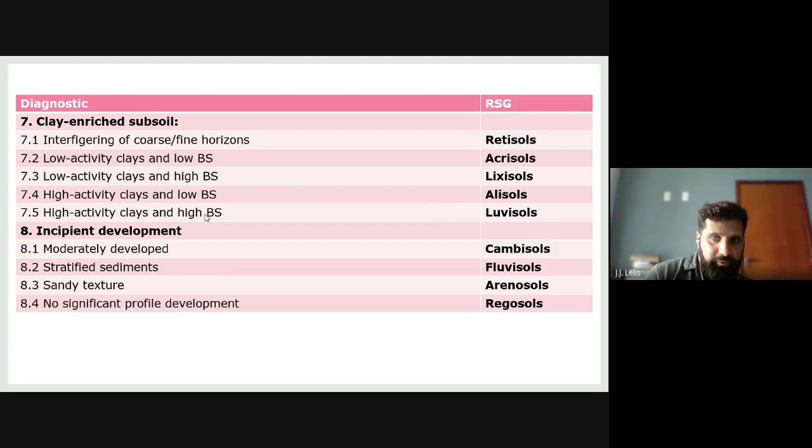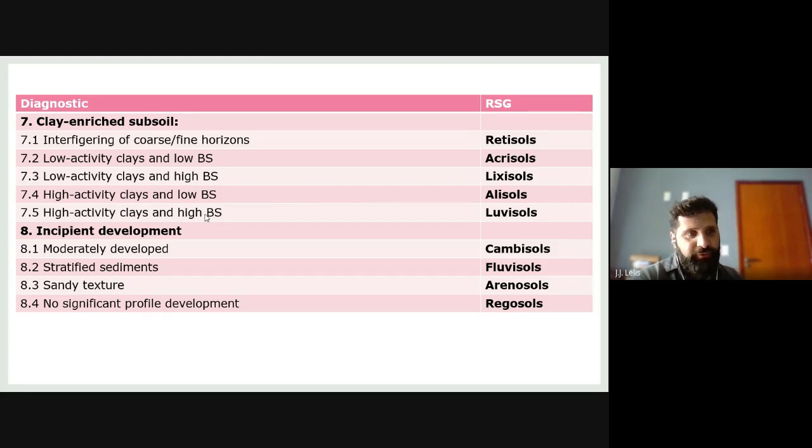So the Luvisols are those soils that possess an increase of clay content in the subsurface, and at the same time they possess a high activity clay and a high base saturation.